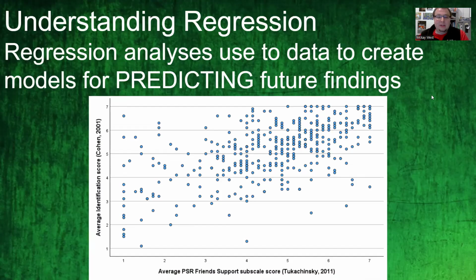So whereas correlation ends up being our spread of the dots, one-time case, regression ends up being the line that we draw that tells us how the dots should function if we were to do this again in the future.